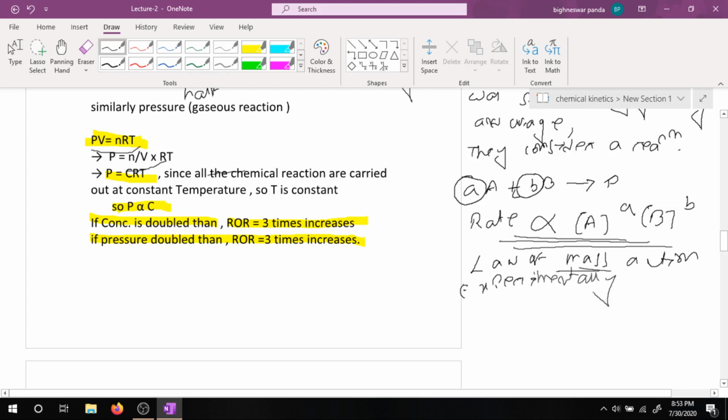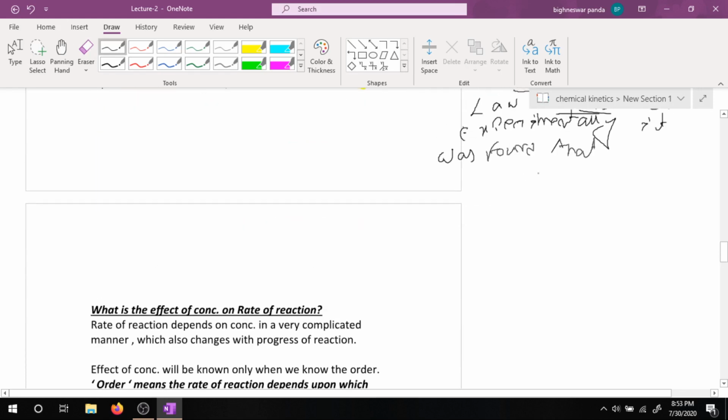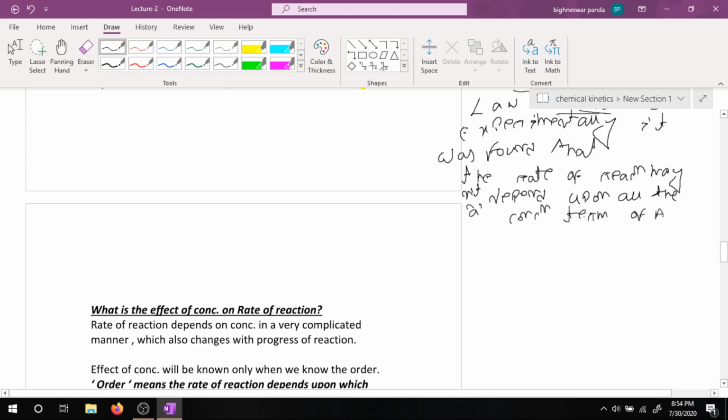Experimentally it was found that the rate of reaction may not depend upon all the a concentration terms of A and all the b concentration terms of B.